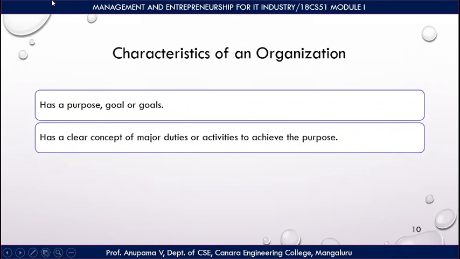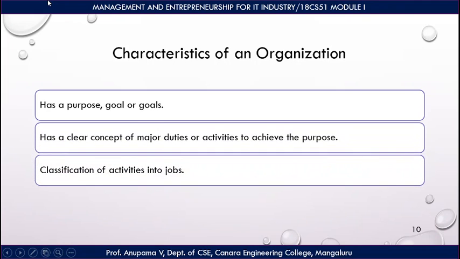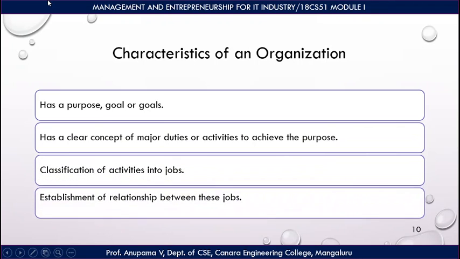Organization has a clear concept of the major duties or activities required to achieve the purpose. Organization classifies the activities into jobs. Organization establishes the relationship between these jobs in order to ensure coordination.